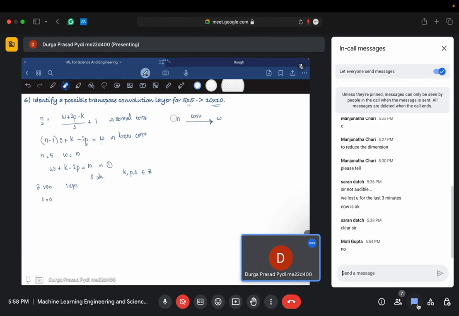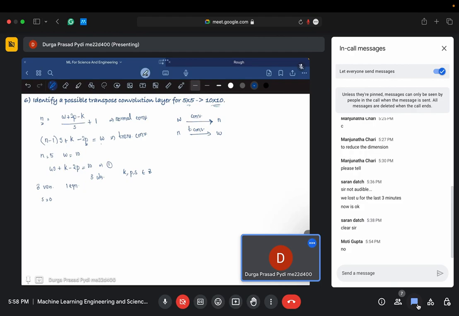Sorry, these values are reversed. If w is your input and you apply convolution, you are going to get n. If n is your input and you apply transpose convolution, you are going to get w. Now this is clear. This is what the relation gives you.